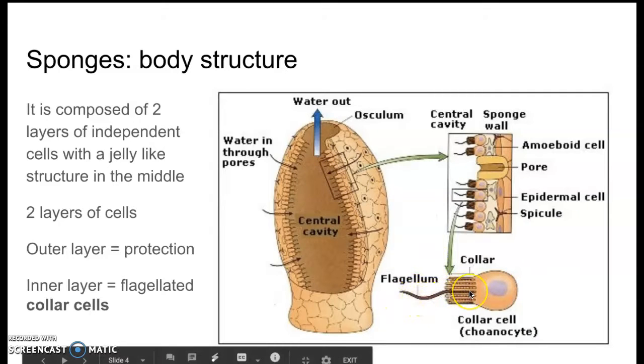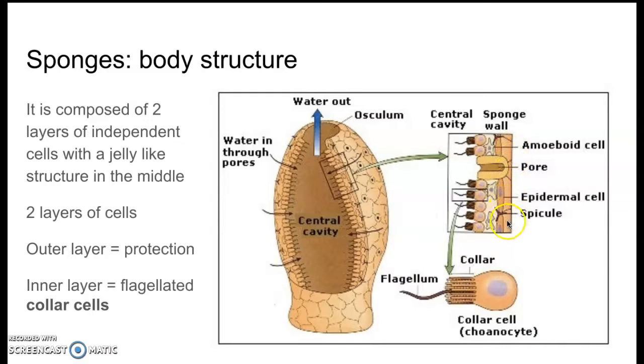That means they have a flagellum, and if you were to look at a picture of our ancient cells that animals come from, it would look very similar to collar cells. And in between the outer layer of cells and the internal layer of cells, there are pores where the water filters through.